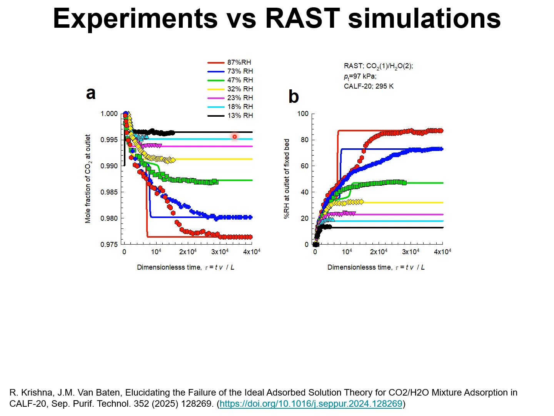There are 7 sets of data, 5 data sets corresponding to 13% relative humidity, 18%, 23%, 32%, and 47%. The agreement between the experiments and breakthrough simulations is rather good.